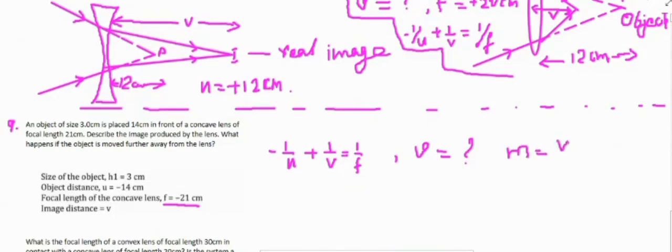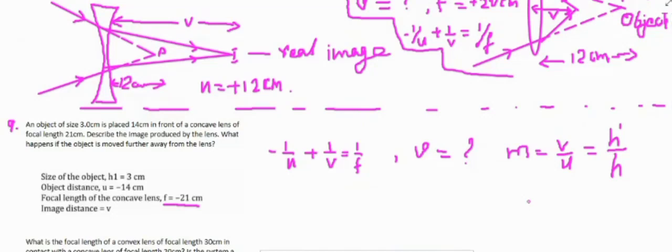then find the value of m. m is equal to v by u. If m is positive, virtual. If m is negative, real. Then you can use the formula again, m is equal to h dash by h. If you want, you can find the comparative size of the image also. Then what happens if the object is moved farther away from the lens?